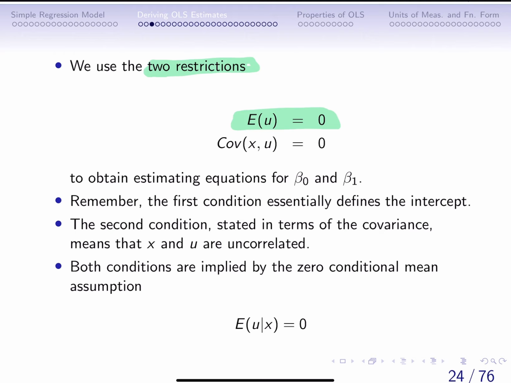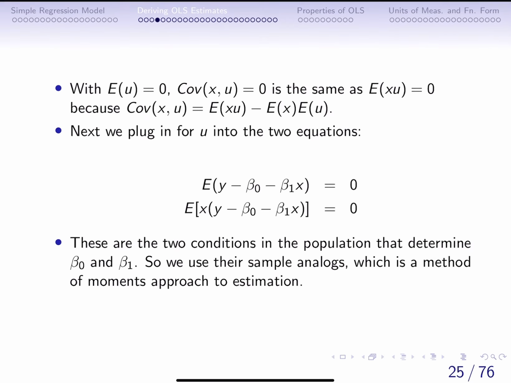The second assumption was that x and u are uncorrelated, a simplifying assumption. But both of these assumptions are implied by the assumption that the expected value of u given x is 0. So if we combine these, then somehow we get to that.